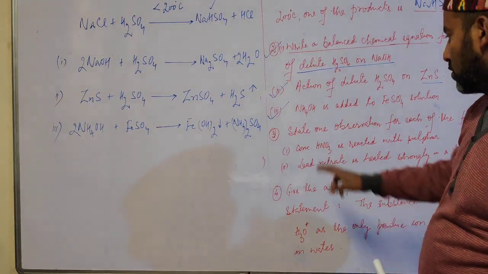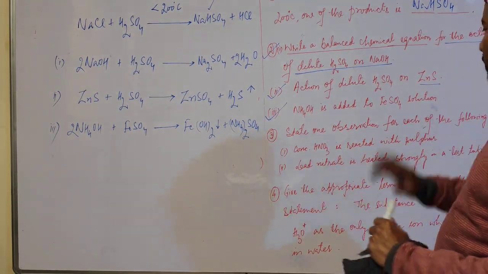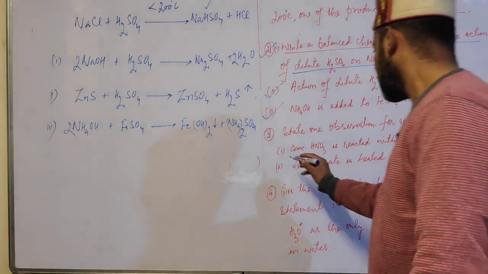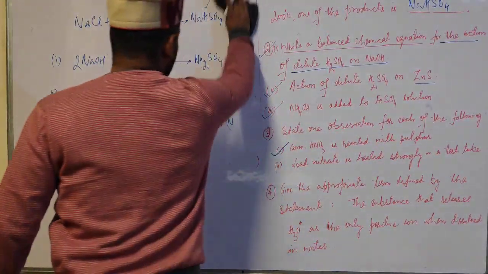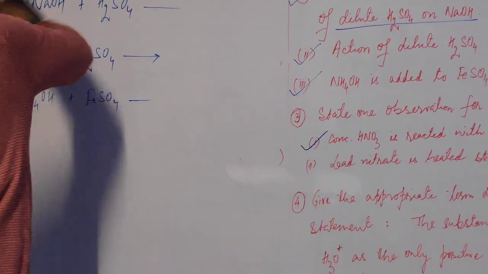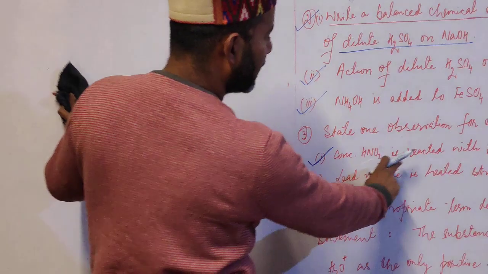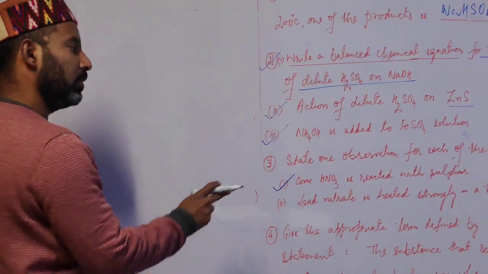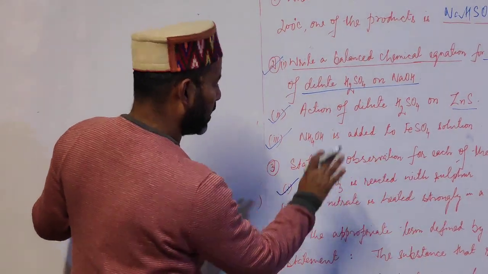Now students, we have one more. State one observation for each of the following. First is concentrated nitric acid is reacted with sulfur. Now students, see, this we have done when we were preparing sulfuric acid from sulfur.